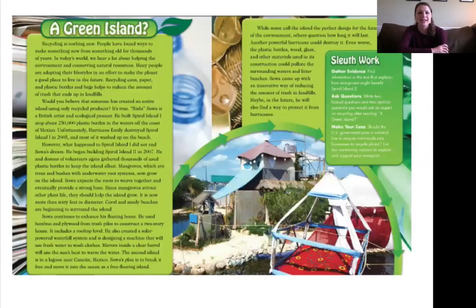All right, now if you were with us last week, we talked about the title, A Green Island. I want you to think, using those text features, what is the meaning of that title, A Green Island? Really be a sleuth here and look closely. So do we see an island? Yeah, we do, right?